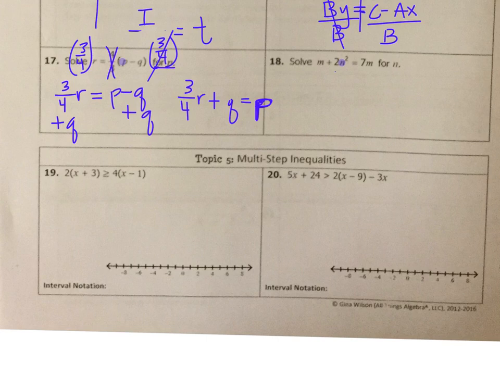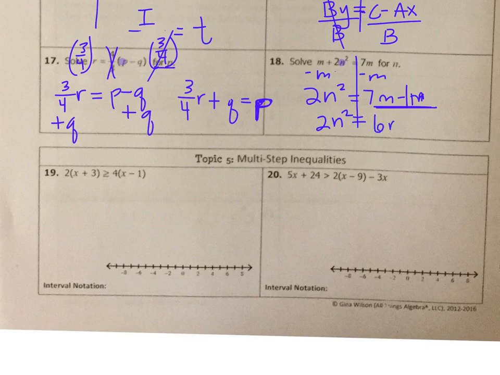All right, this time I'm solving for n. So I'm going to do very similar to what I did. I'm going to move my m first. 2n squared equals 7m minus m, 1m. Well, these are both m's, so I can put them together. So 2n squared equals 6m. I did 7 minus 1.